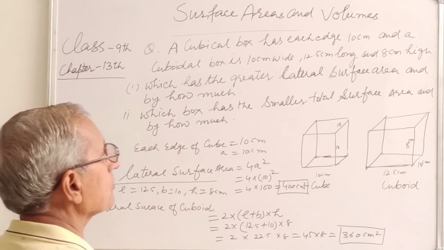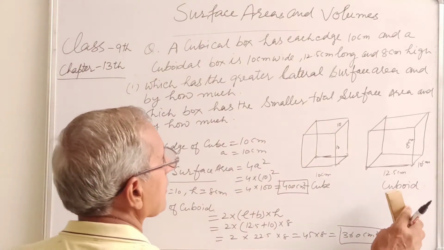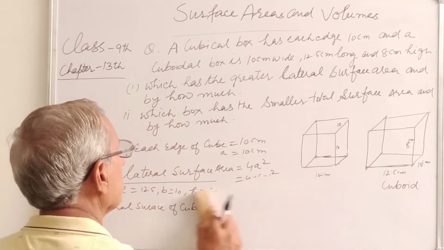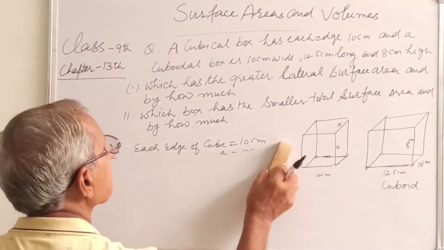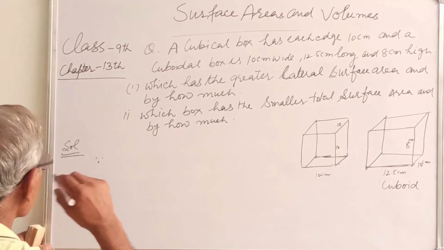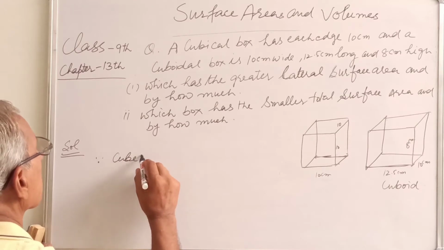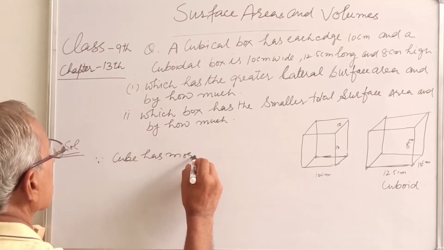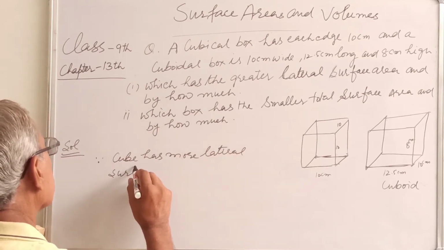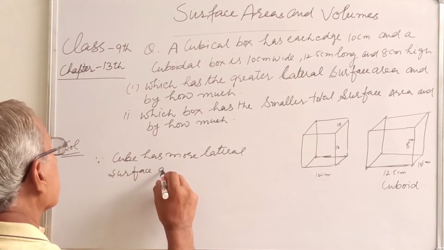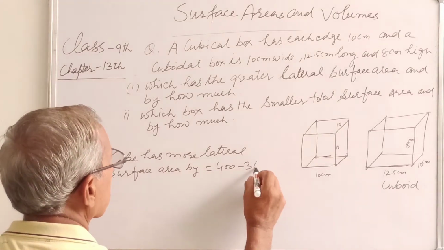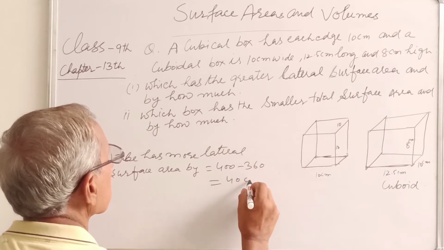So this shows that the cube has more lateral surface area than the cuboid, and the difference will be 400 minus 360, 40 centimeter square. Therefore the cube has more lateral surface area by 40 centimeter square.